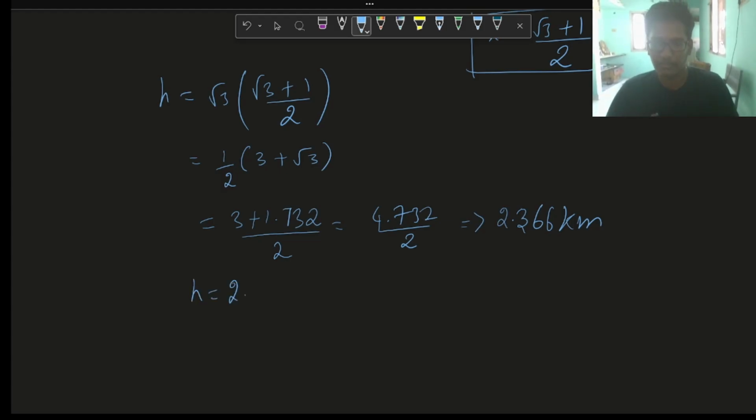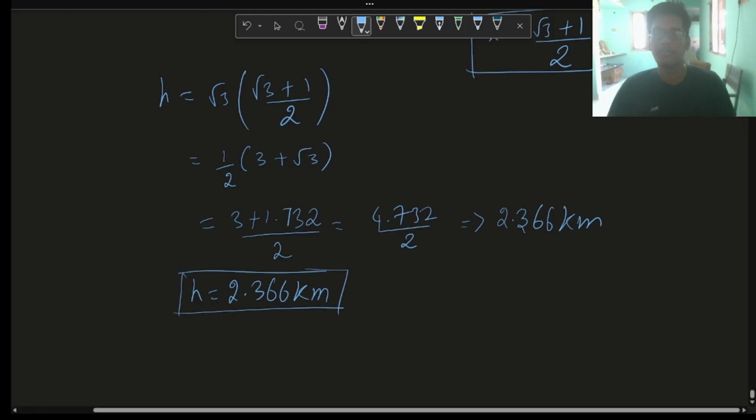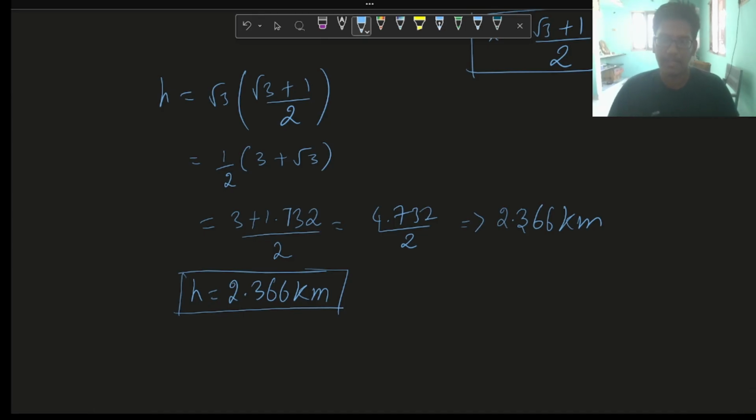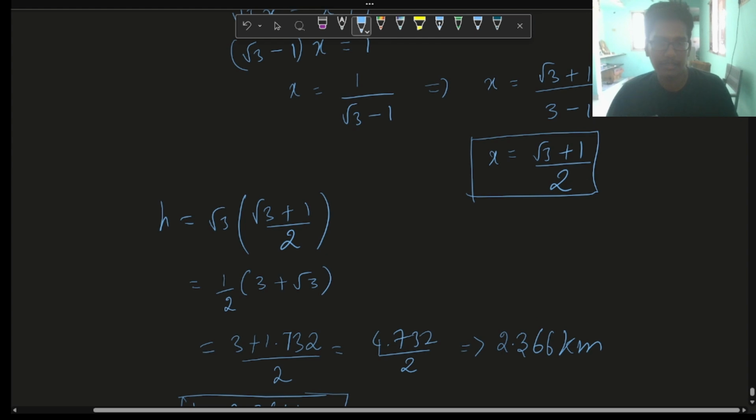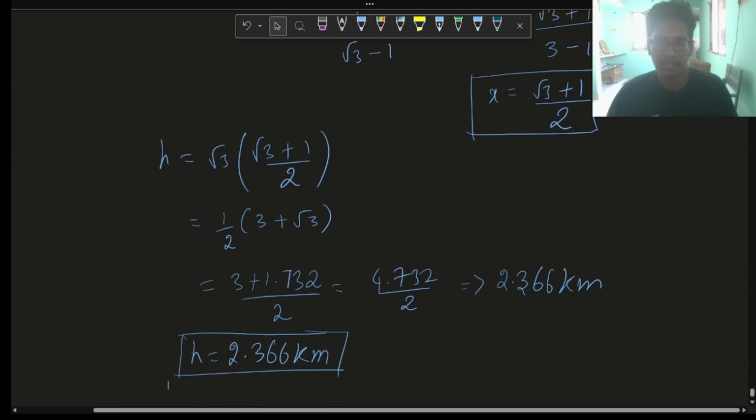So the height of the plane, which is in motion, is 2.366 kilometer. So this is how the height is found, and this is how the distance is also found.